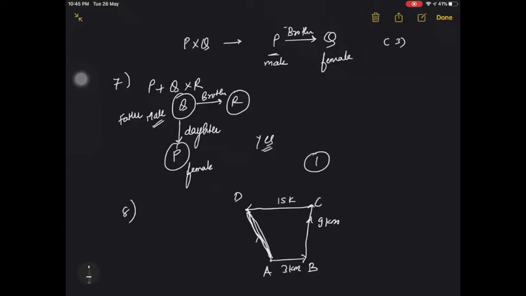Now this is 90 degrees. So this would be 9, this would be 3, this would be 12. So obviously 144, 81. This is 15 by Pythagoras. So 15 is the correct answer. Your answer will be B, second option.